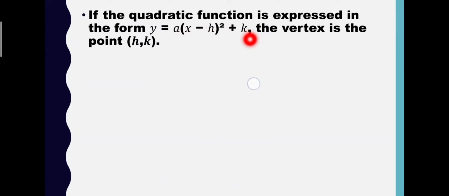This is the vertex form, right? So, if naka-vertex form na ang given na quadratic function, makukuha mo na kaagad yung vertex, which is h and k. Ang number na nandito, h yan, then ang number din na nandito is k.